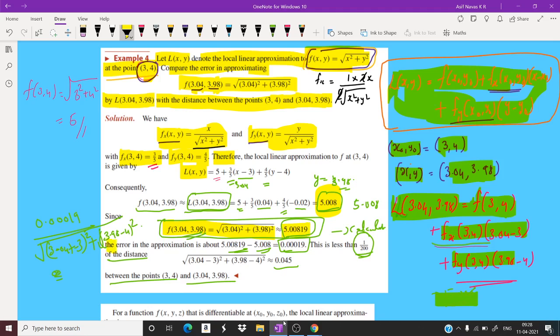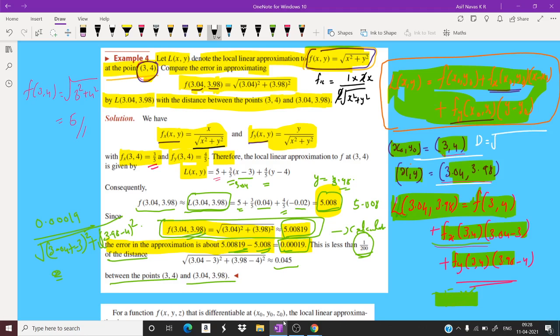So we will find the error. Error is the difference between the actual value and the approximated value. And we want to compare it with the distance between these 2 points, (3, 4) and (3.04, 3.98).